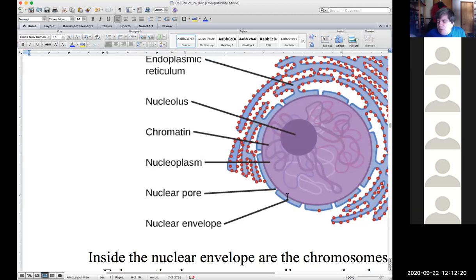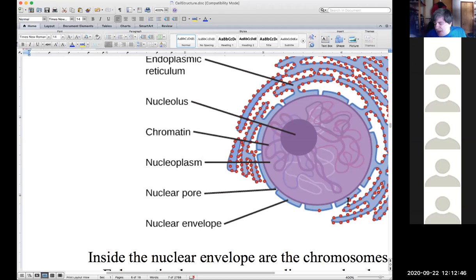So there's actually 4 layers of phospholipids between the nucleus, and out here would be the main part of the cell, all the other organelles. So that's why we like to call it a nuclear envelope instead of just a nuclear membrane. Because if you hear membrane, you might think 2 layers of phospholipids. And there's not really 2 layers, there's really 4.